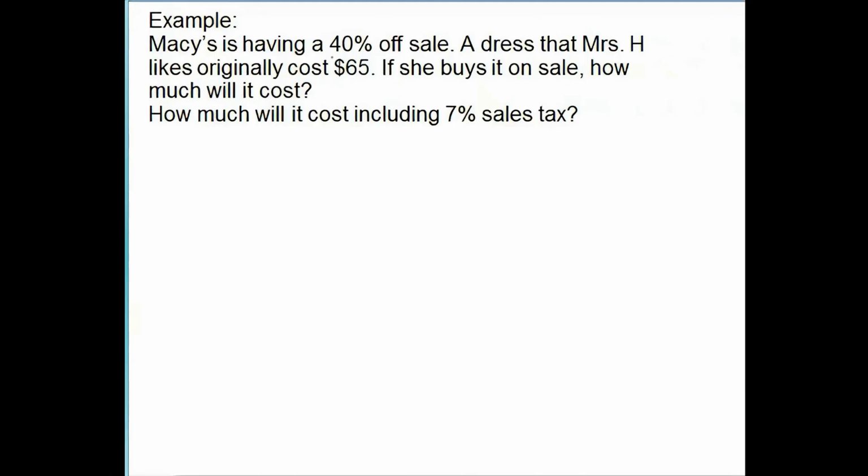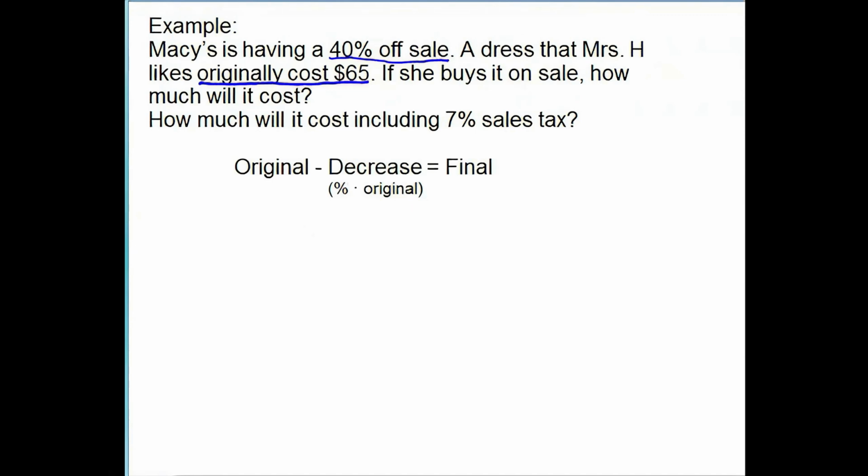So it is something that's going to be on sale. Is that going to be an increase or a decrease? That will be a decrease. So we're going to use our formula with the subtraction. So for our original, the original cost was $65.